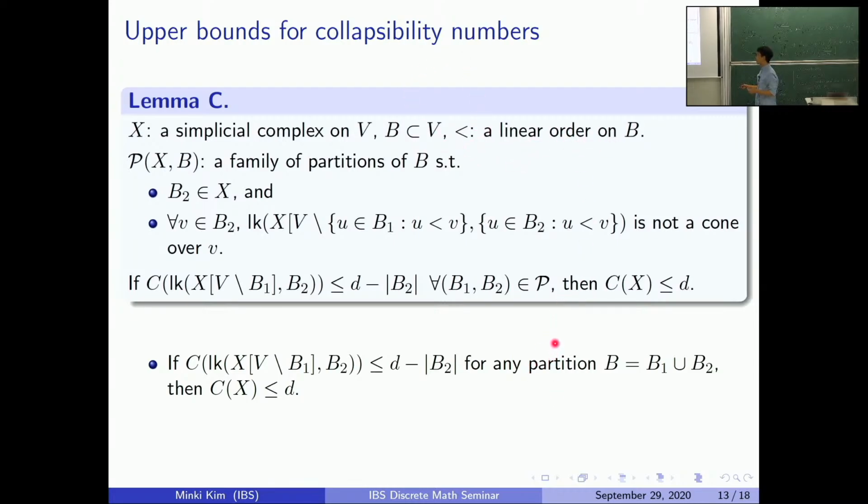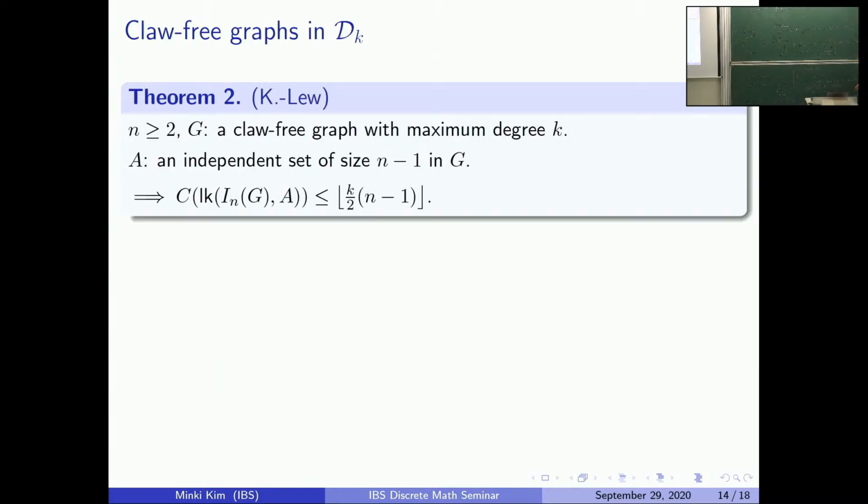If for any partition of the set B into two parts, B1 and B2, the link of B2 in the induced subcomplex on V minus B1 is d minus |B2| collapsible, then X is d-collapsible. And now we are ready to prove theorem 2.